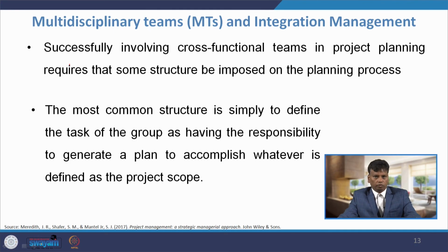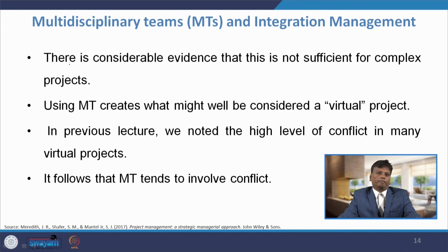So, in the planning stage itself, the task of each group has to be clearly defined and what they have to accomplish also has to be clearly stated. However, there is considerable evidence that this is not sufficient for complex projects. That means, advanced planning itself is not sufficient.